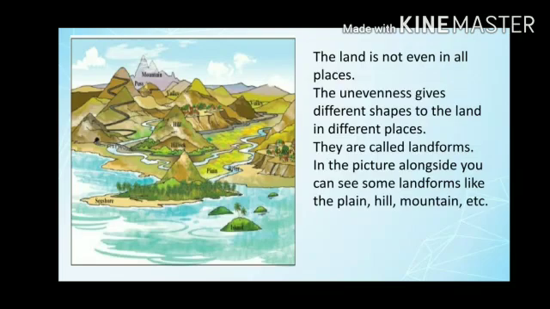So the land is not even in all places. This unevenness gives different shapes to the land in different places, and all these different shapes of the land are called landforms. In the picture alongside, you can see some landforms like plains, hills, mountains, etc.